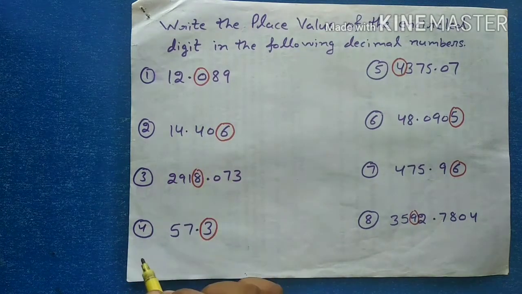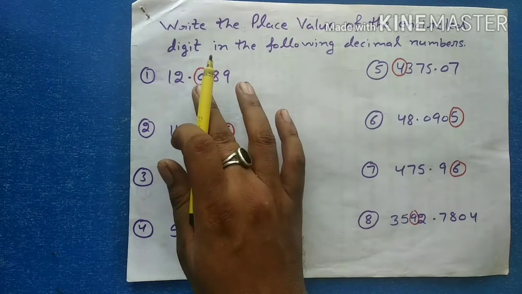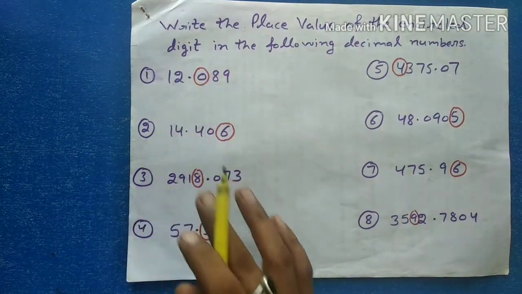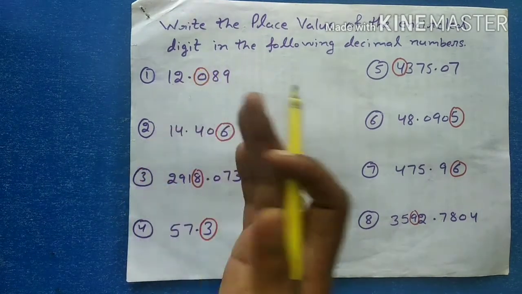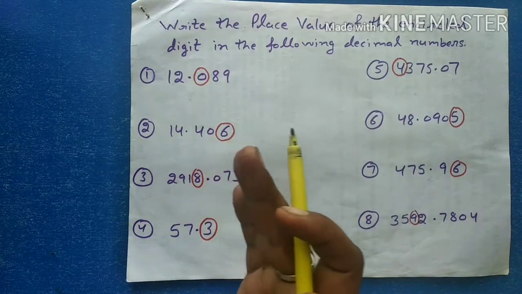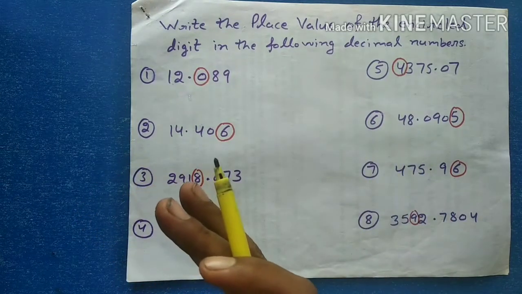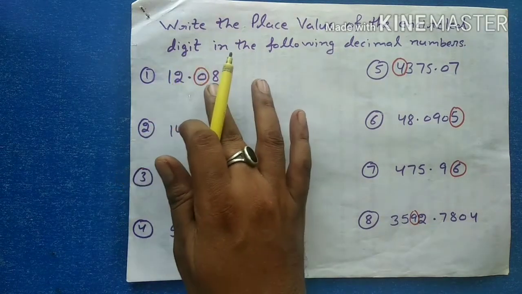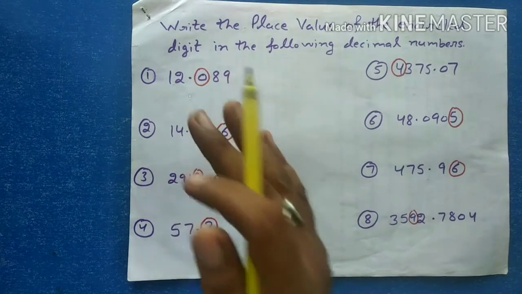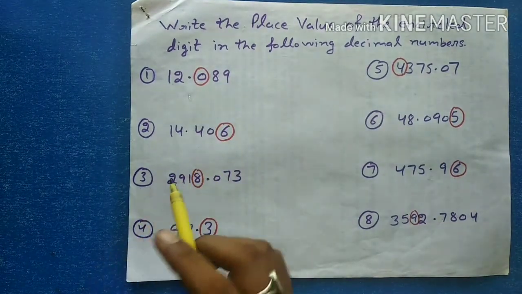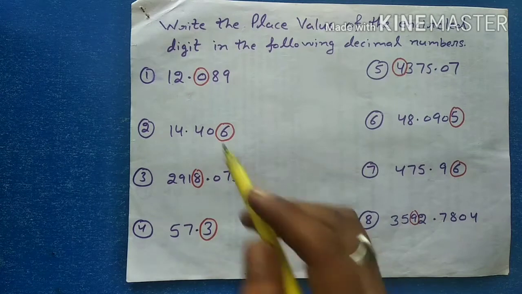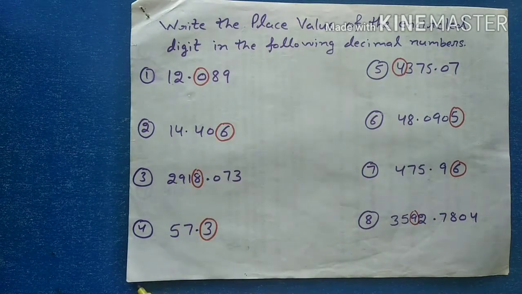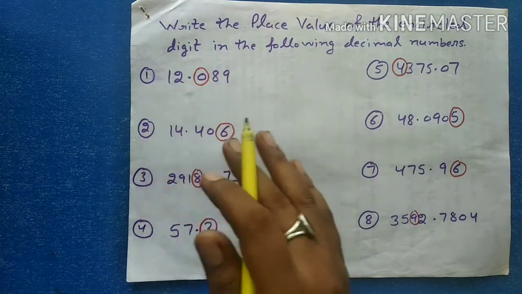The first question is 12.089. So 0 is at which place? 0 is at tenths place. Now we know there are two parts of a decimal number. The first part, on the left side of the decimal, is called the whole part, and the part on the right side of the decimal is called the decimal part. Our encircled digit, whose place value we have to write, is in the decimal part.